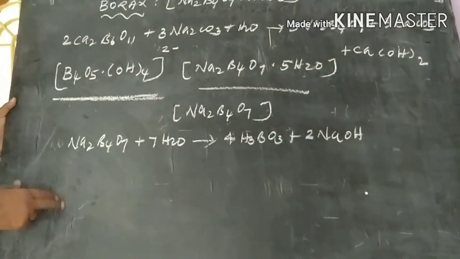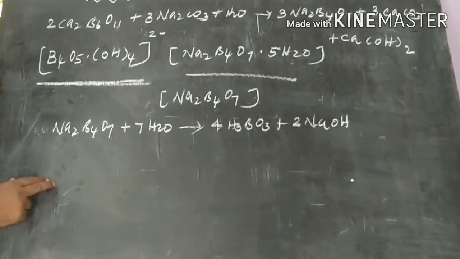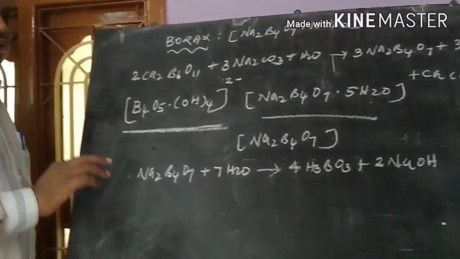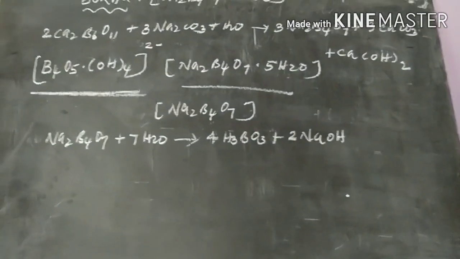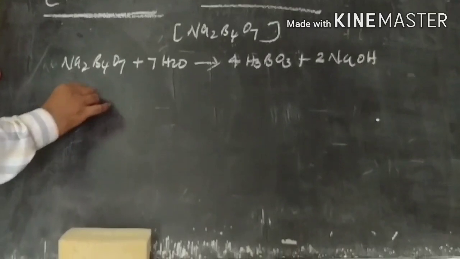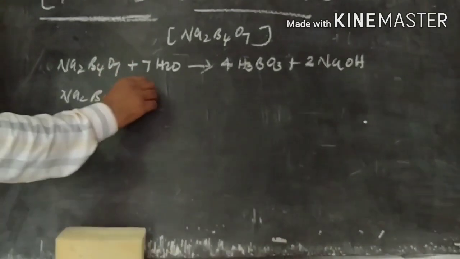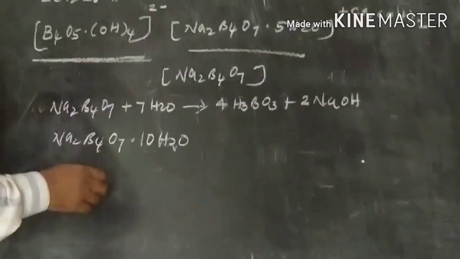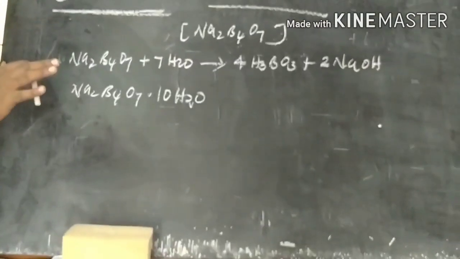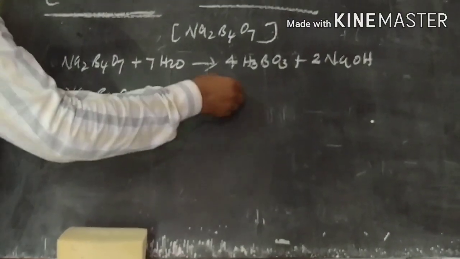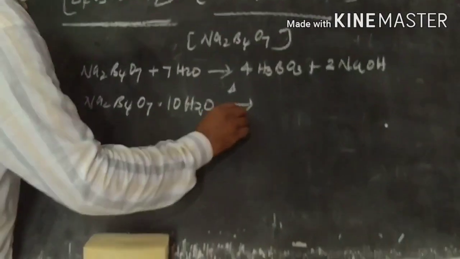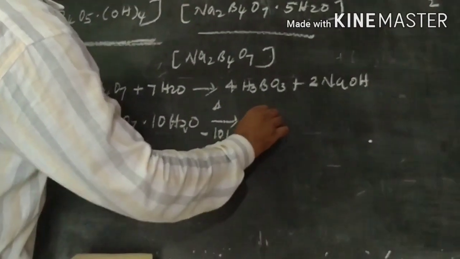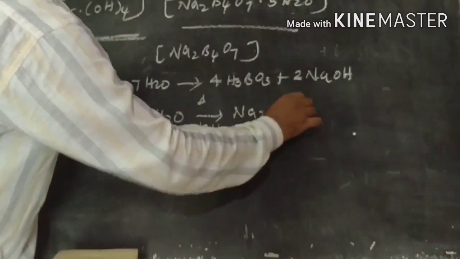On heating, it forms transparent borax beads, with an appearance just like glass. Na2B4O7.10H2O on heating loses the 10 H2O molecules, so we get Na2B4O7.